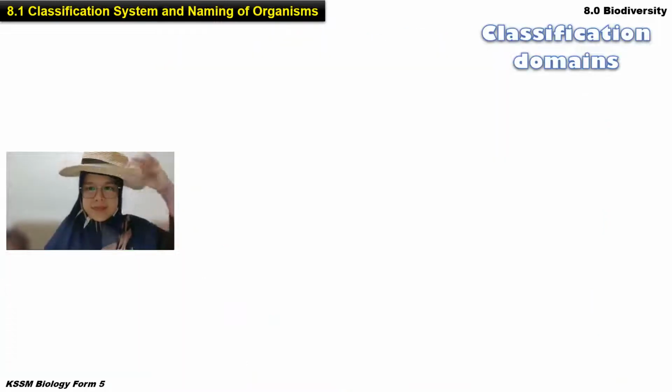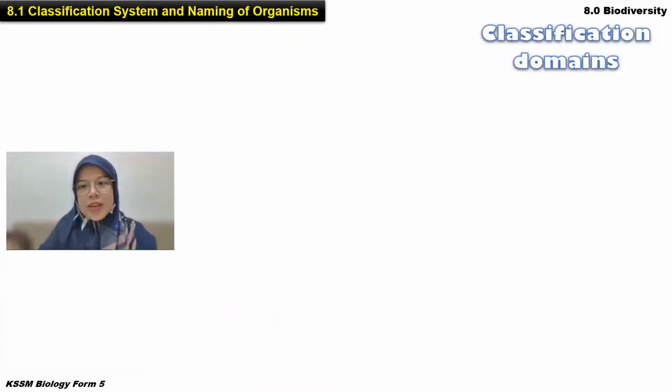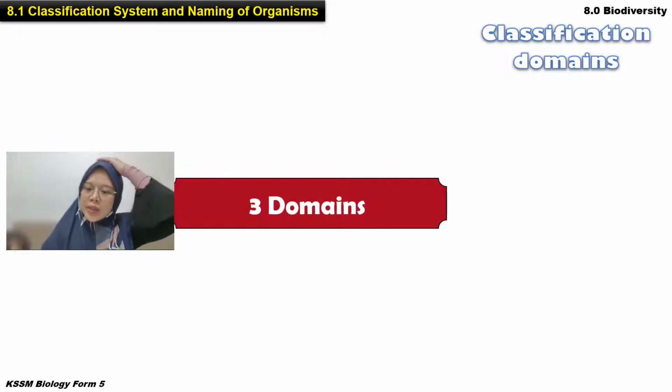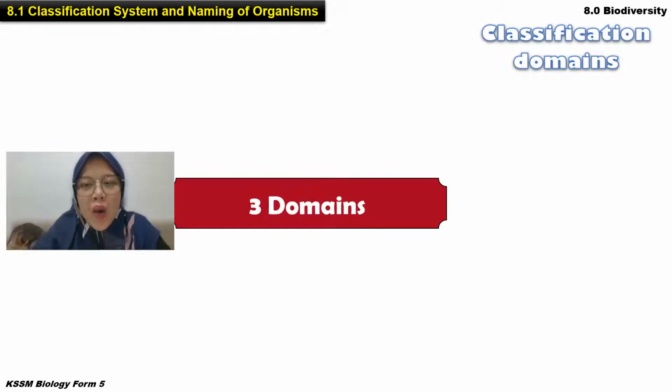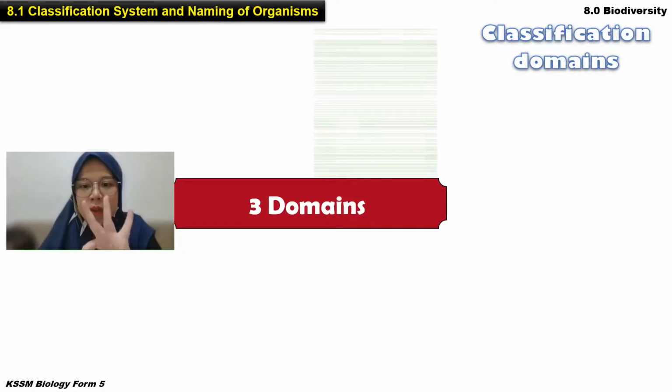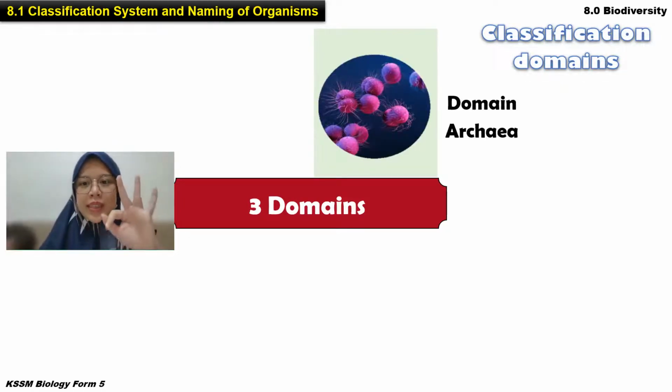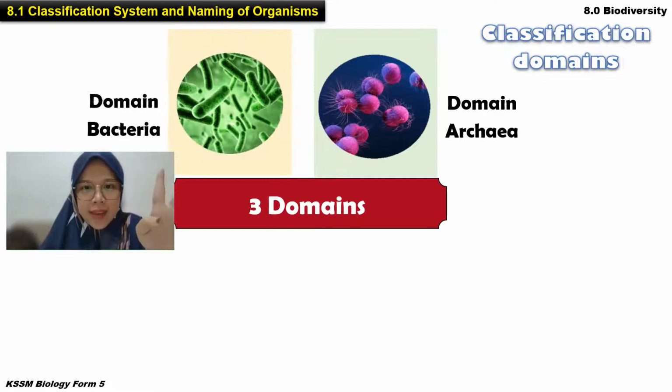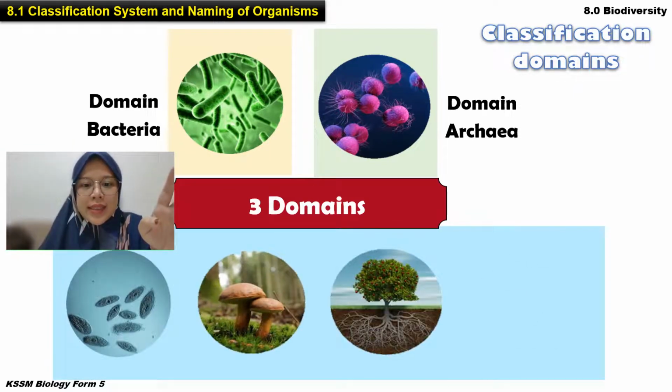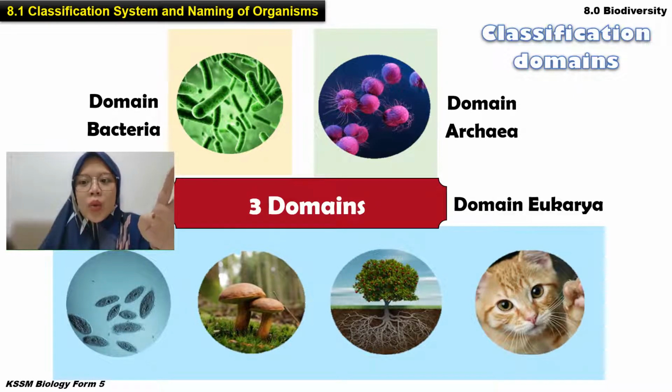Okay, next. Classification, the domain. How many domains do we have? We have 3 domains. What are the 3 domains? The first one is domain Archaea. The second one is domain Bacteria, and the third one is domain Eukarya.